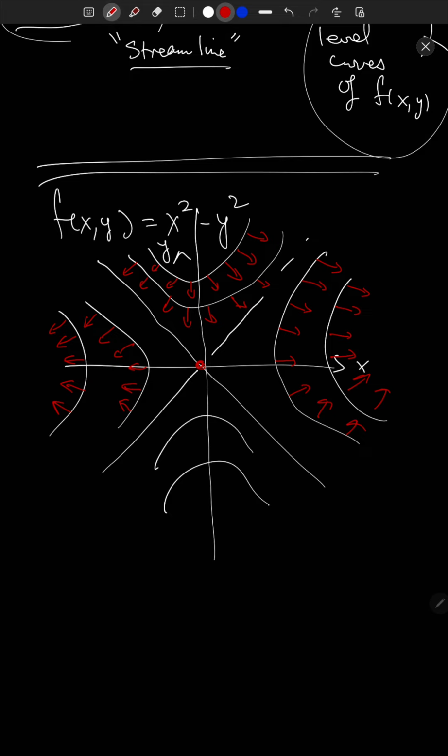In some directions you're increasing, and in other directions you're decreasing, and that's literally what it means to be a saddle. Okay, by the way, on this line y equals x, and on this line y equals minus x, the vector is the zero vector, which is perfectly legal. All right.